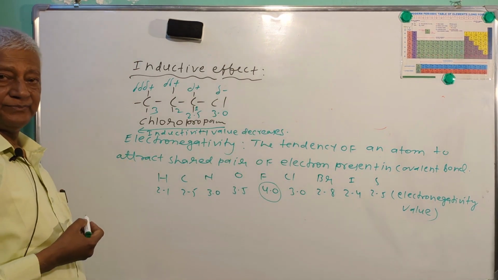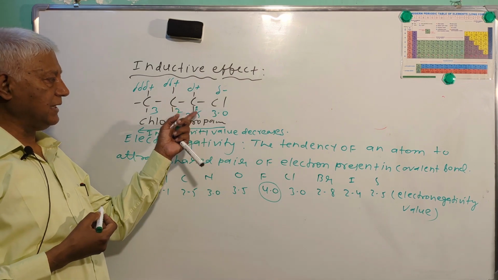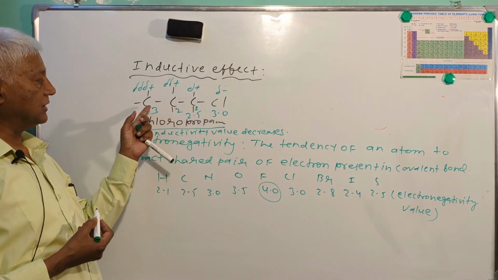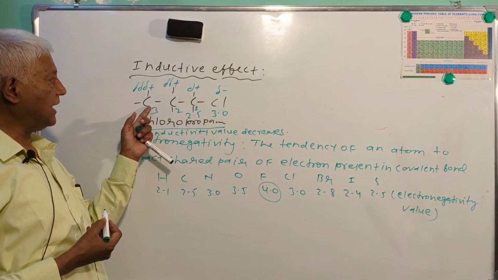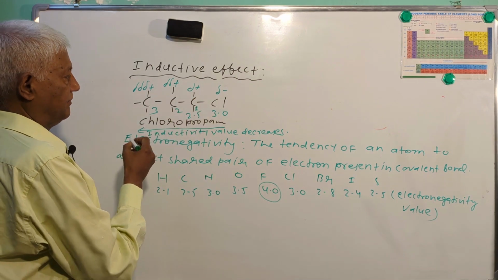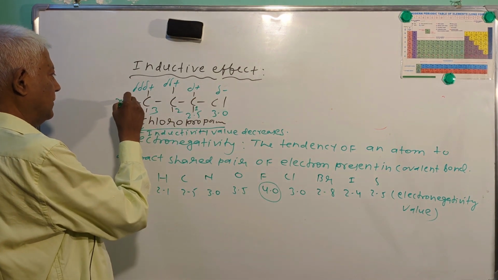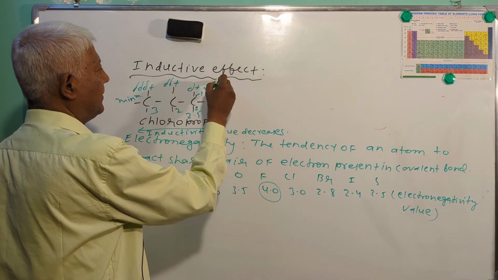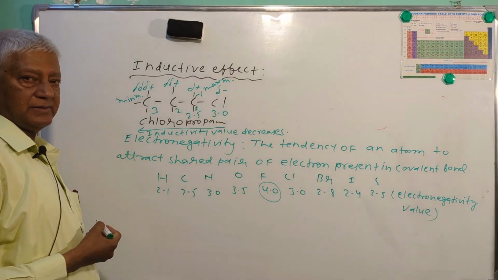The question arises why? In the first carbon, the inductive effect is high with respect to C2 and C3. C3 has the minimum, and C1 has the maximum inductive effect.